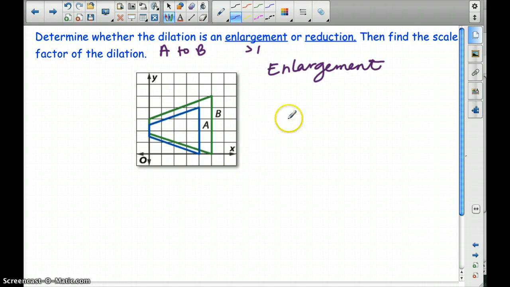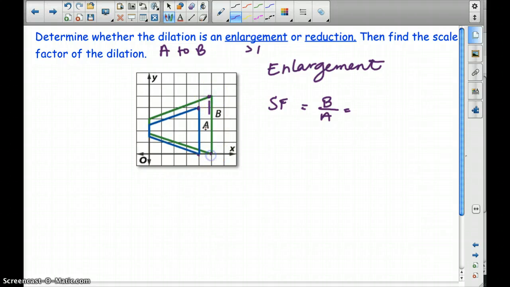Okay, so now we're going to find the scale factor, and it looks like B over A. We want the bigger one on top. Okay. So let's pick two sides. I'll pick these sides over here. So A, now these do not end in between the grid marks, so we can just go by ones if we wanted to.